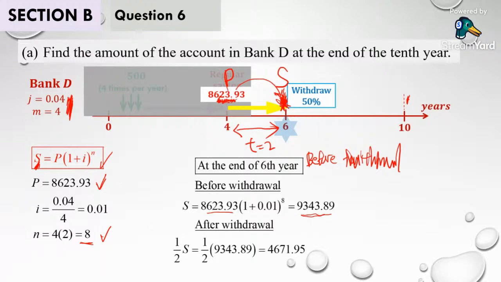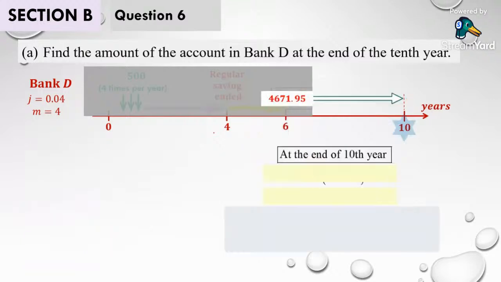Okay, reaching here, we have calculated the value at the end of 6 years, even after the withdrawal. So the timeline now, we have moved on further, covering until the 6 years, and we want to proceed. Let this amount of money continue to roll for another 4 years.